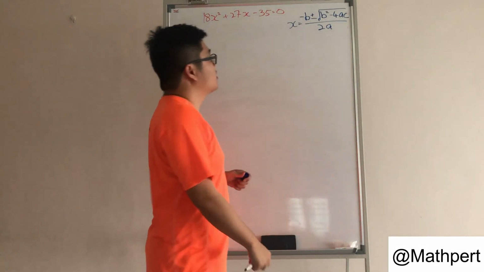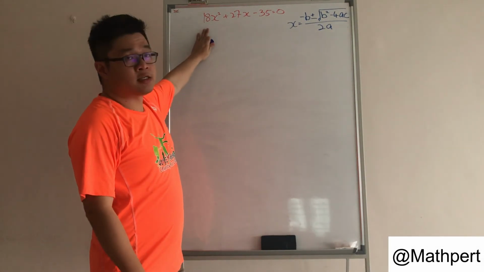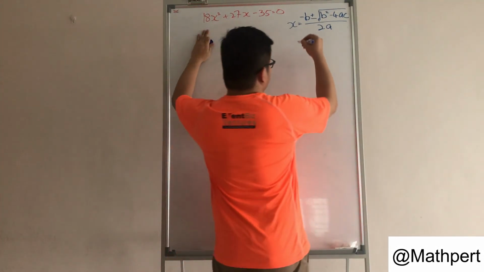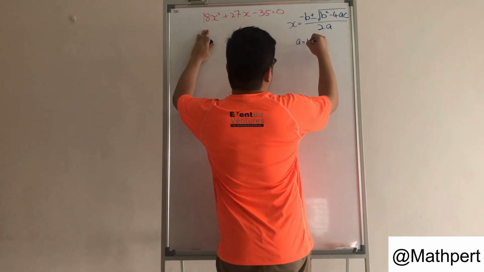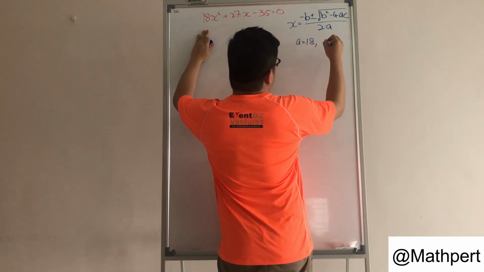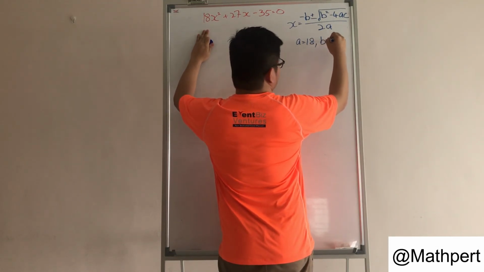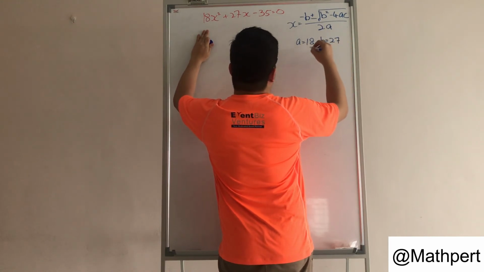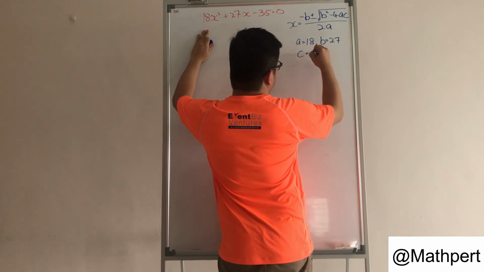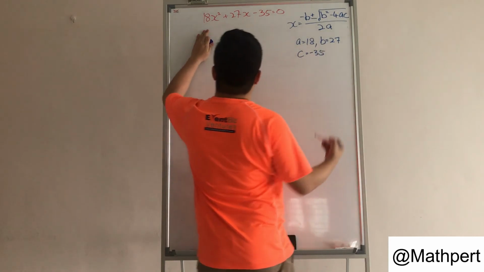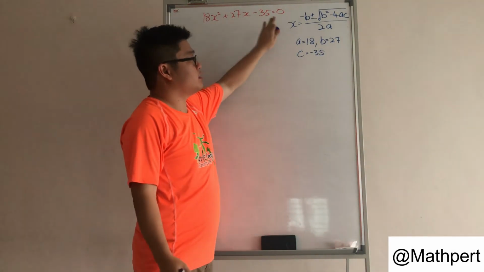Right, this is the formula. So in this case, a will be 18, b will be 27, and c will be negative 35. A, B, C is over here.